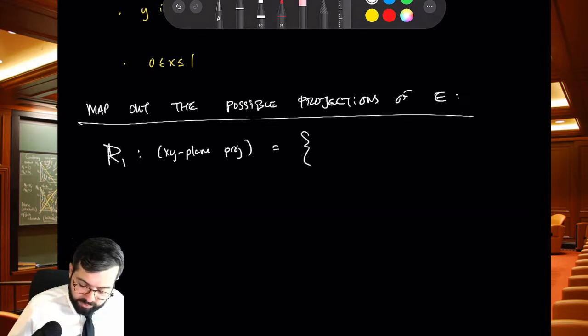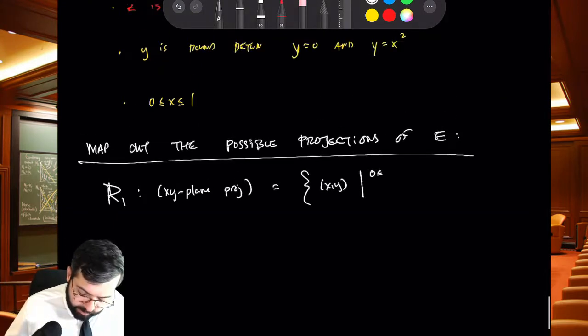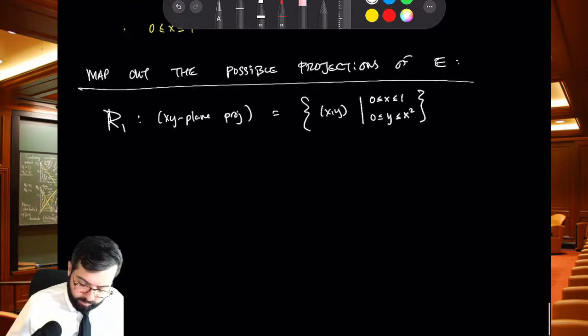Well, we know this is the set of points xy, where x is bound between 0 and 1, and y is bound between 0 and x squared. So what does that look like?